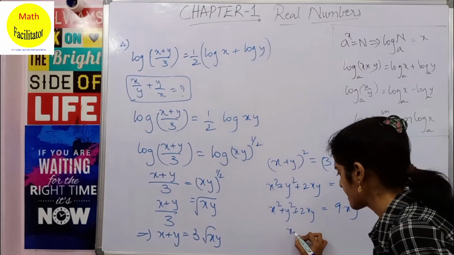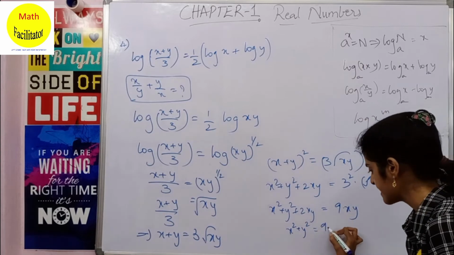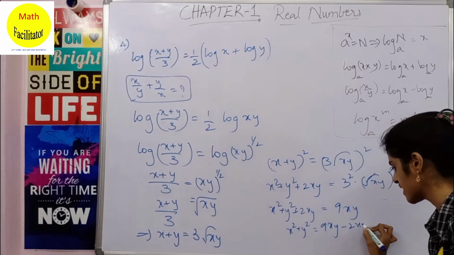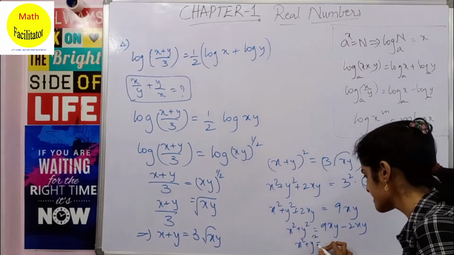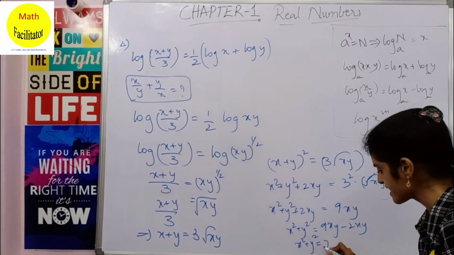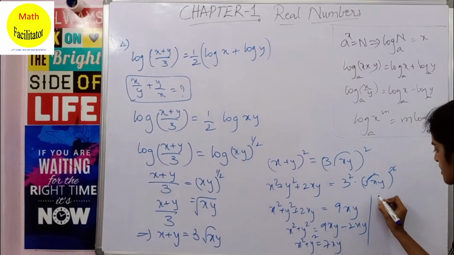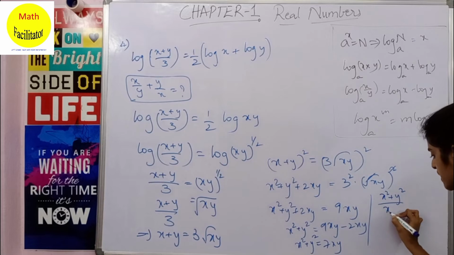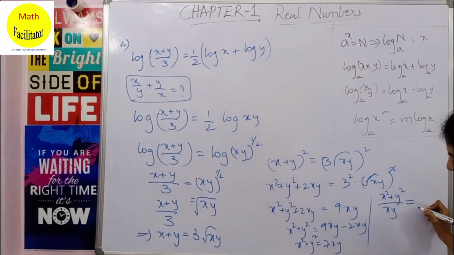Okay, so x² + y² equal to, now bring 2xy to the other side, it is 9xy minus 2xy. Okay, so x² + y² is 9xy minus 2xy is 7xy. Okay, now we shall bring xy to LHS. So (x² + y²)/xy. Here xy is in multiplication. If it goes to the other side, it becomes division. Equal to, you have 7 here.